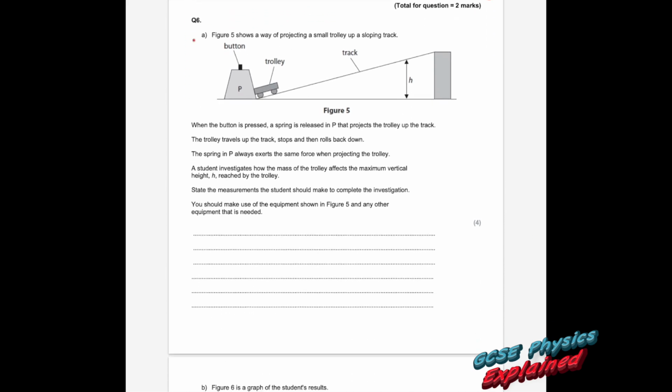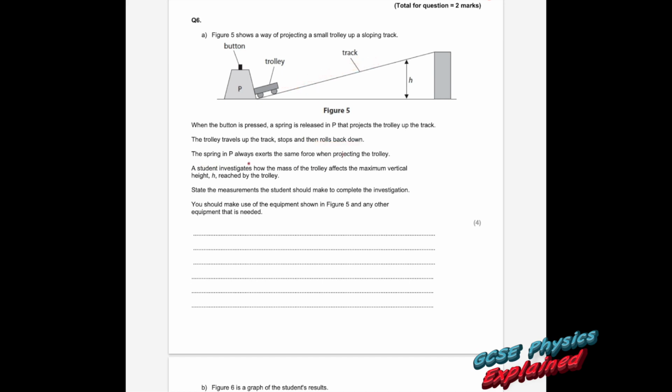Question 6. Figure 5 shows a way of projecting a small trolley up a sloping track. When the button is pressed, a spring is released in P that projects the trolley up the track. The trolley travels up the track, stops, and then travels back down.